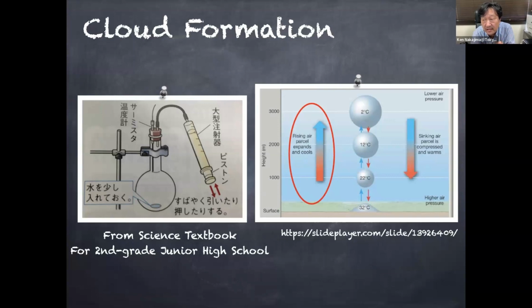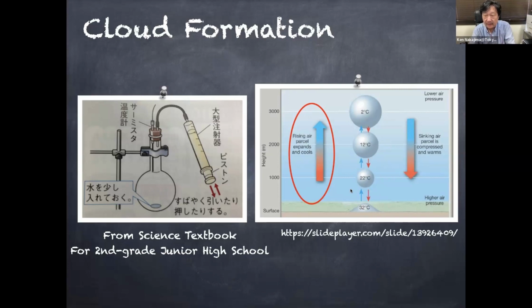Actually, in Japan, second grade junior high school students learn about the mechanisms of cloud formation using this type of cartoon figure and also this type of cartoon figure. You know that usually air contains water vapor in it.